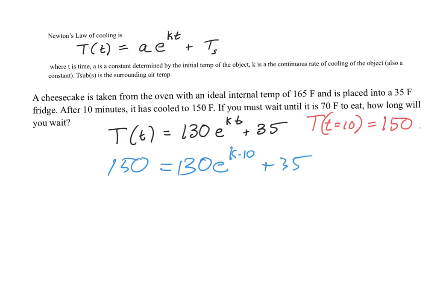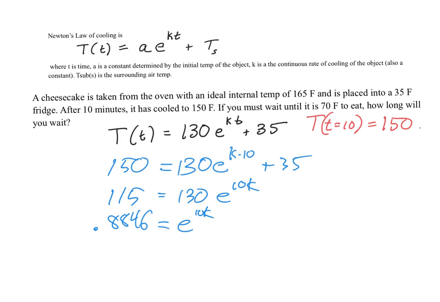Subtract 35 from both sides. I have 115 equals 130 e to the 10K. Divide both sides by 130, and e to the 10K equals 0.8846.